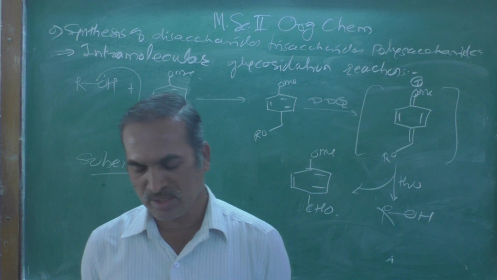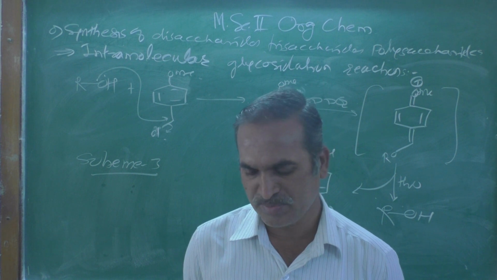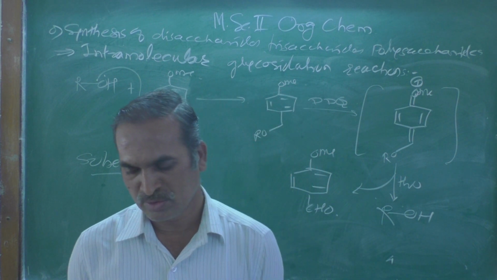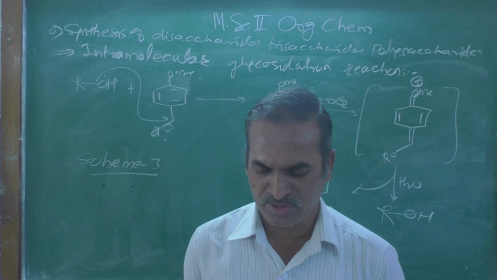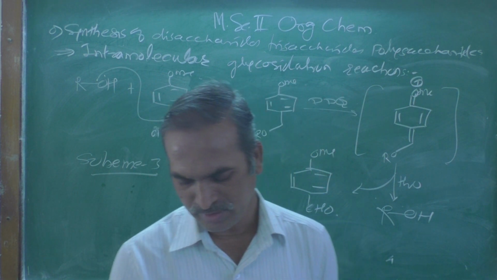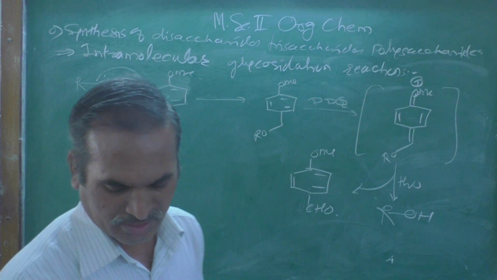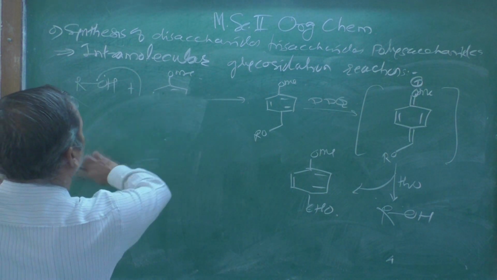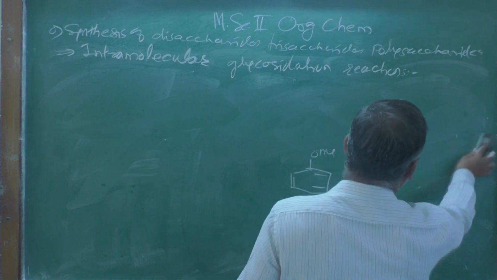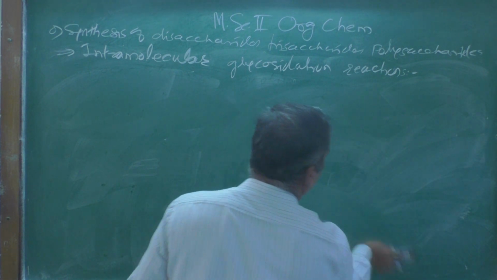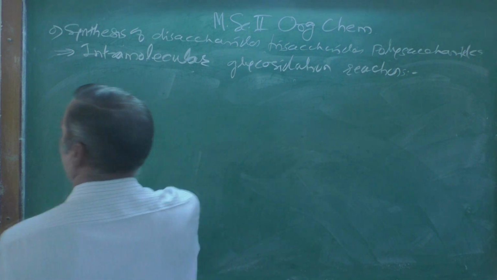An aqueous workup gave the expected beta-mannopyranoside 10A to 10C in a good overall yield, which is represented over here. Let me show that scheme also here. So let's see that one also.